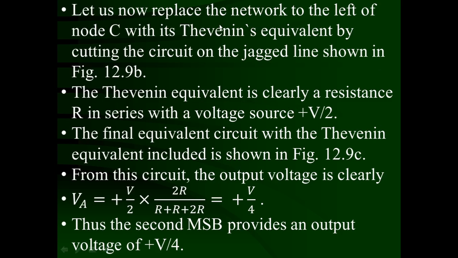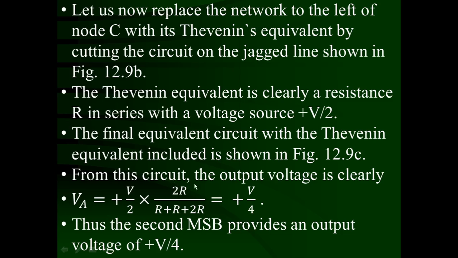Let us now replace the network to the left of the node C, which is Thevenin's equivalent, by cutting the circuit on the jagged line shown in figure 12.9b. The Thevenin's equivalent is clearly a resistance R in series with a voltage source of plus V by 2. The final equivalent circuit with the Thevenin's equivalent included is shown in figure 12.9c.